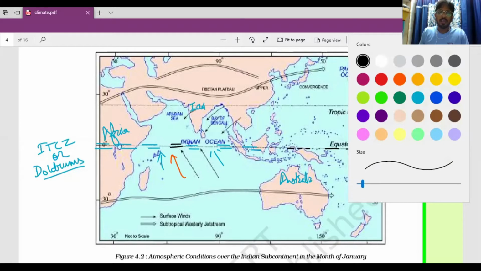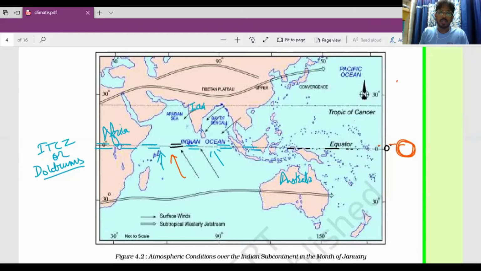Winds will turn towards their right. But when does it happen? It happens only in summers because over here low pressure is there, right?